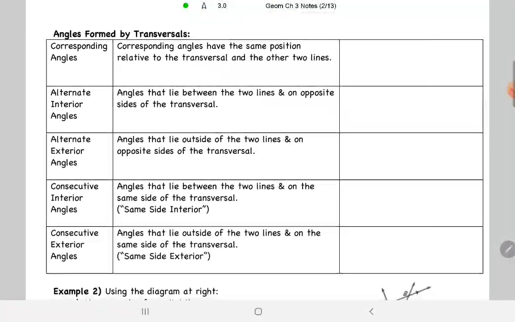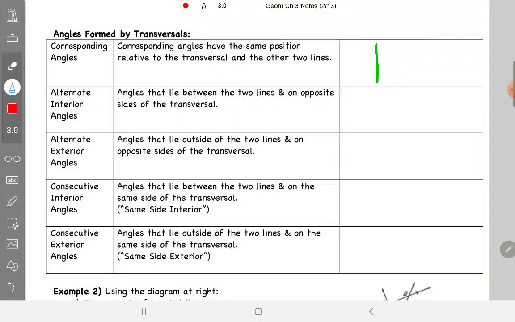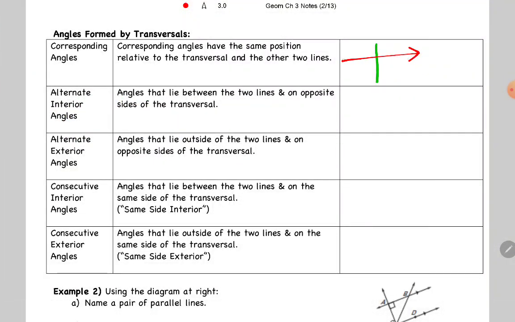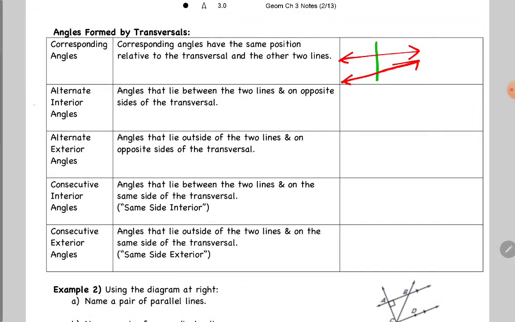Alright, let's go down here. Angles formed by transversals. Okay, here we go. You're going to see this slide a lot. If you have two lines being cut by a transversal, so here's line 1, and then here's line 2.